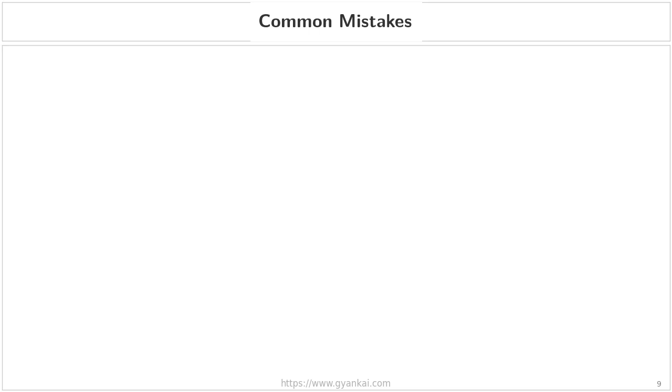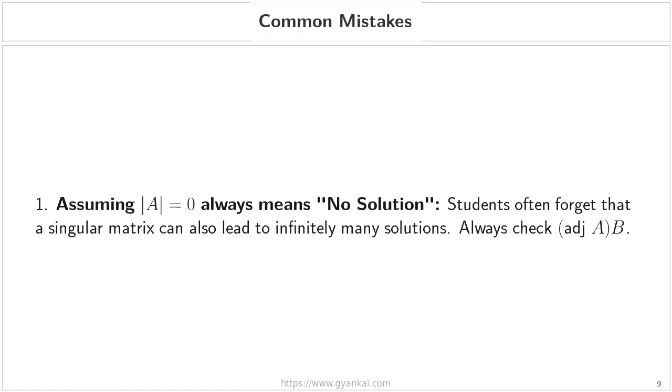Common mistakes. Now, as we wrap up our lesson, I want to pause and highlight some common pitfalls that students often encounter when working with singular matrices. Being aware of these will help you avoid losing marks in your exams. First, a very frequent mistake is assuming that whenever the determinant of matrix A equals 0, the system automatically has no solution.